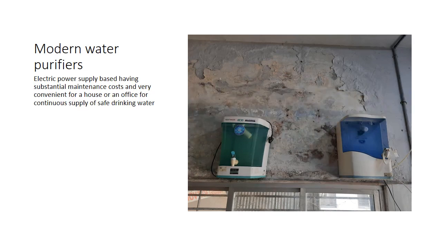It requires continuous water supply and electric supply for its functioning. The maintenance of such electronic devices is not so cheap. So in our country, the use of such modern drinking water purifiers is still restricted to urban areas and affordable units only.